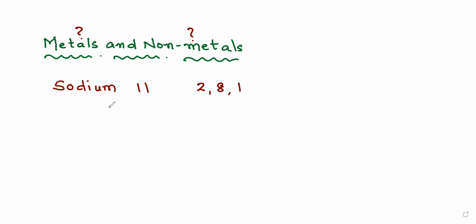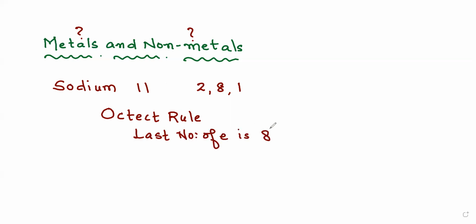We have something in chemistry called the octet rule. What is the octet rule? An element is stable if the number of electrons in the last shell is 8. In the case of sodium, just observe that the last number is 1. It is not 8.